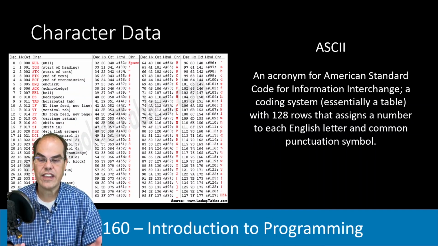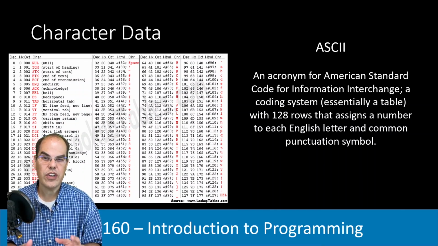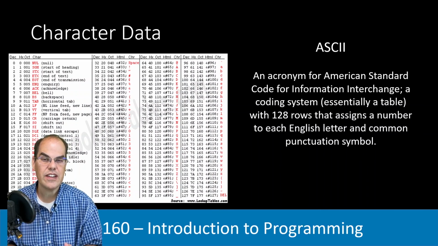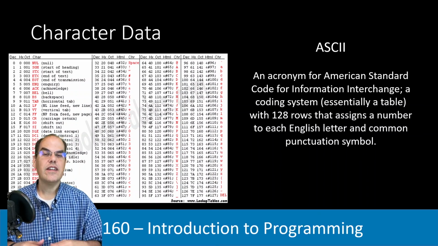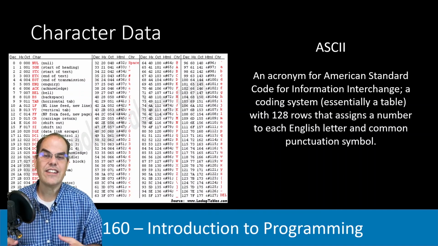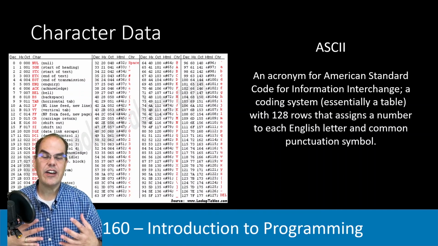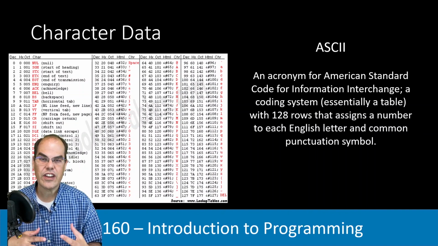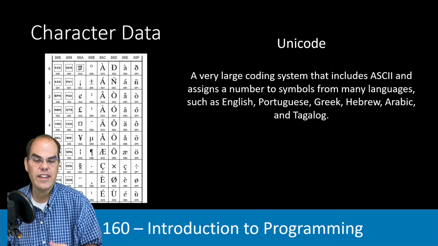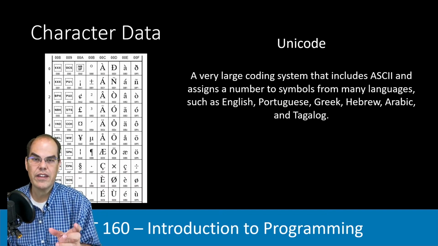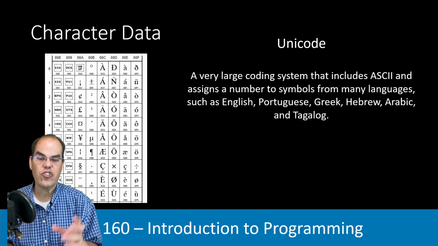Now, it started with ASCII, which is the American Standard Code for Information Interchange. It was really good for punctuation and letters generally for Western languages. As we all know, there are lots of languages out there with lots of different characters. 128 wasn't enough, and so they came up with Unicode. Instead of just using 1 byte, it uses 2 bytes.